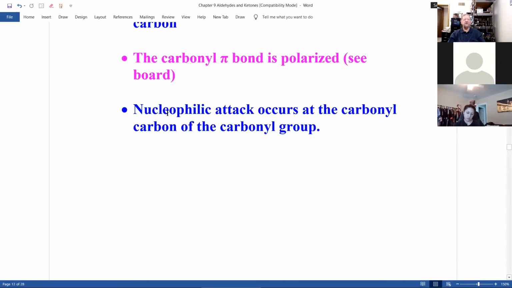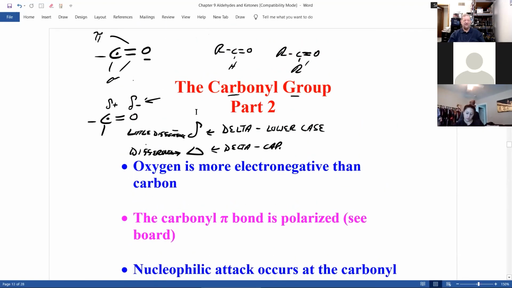Anyways, so nucleophilic attack, a nucleophile is something looking for a positive charge. And where can it find it? On the carbonyl carbon. It's got a slight positive charge. So if I'm a nucleophile, I'm looking for, where can I find a positive charge? Carbonyl carbon. I'm going to attack that. I'm also an organic chemist and use that language.